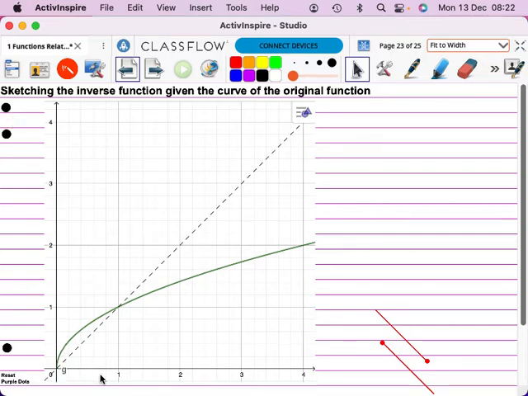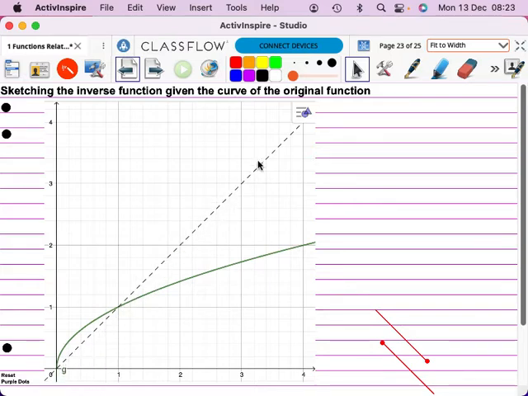Because we've chosen the scales to be the same, it's going to have a slope of 1, and therefore is going to go through the corners absolutely perfectly. It's going to be at a 45-degree angle to the x-axis.